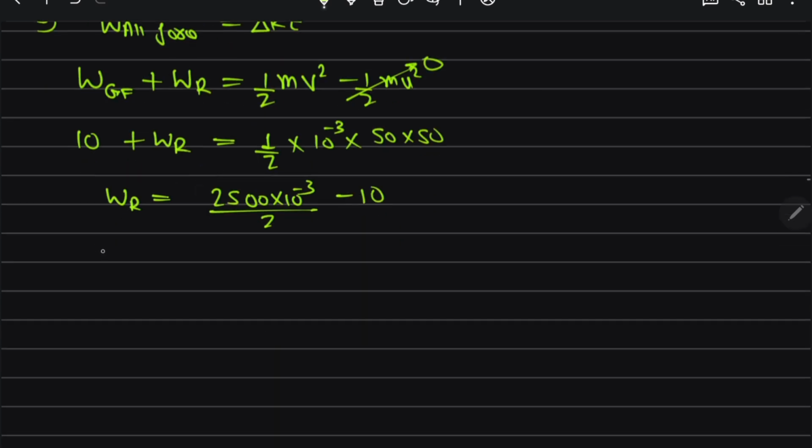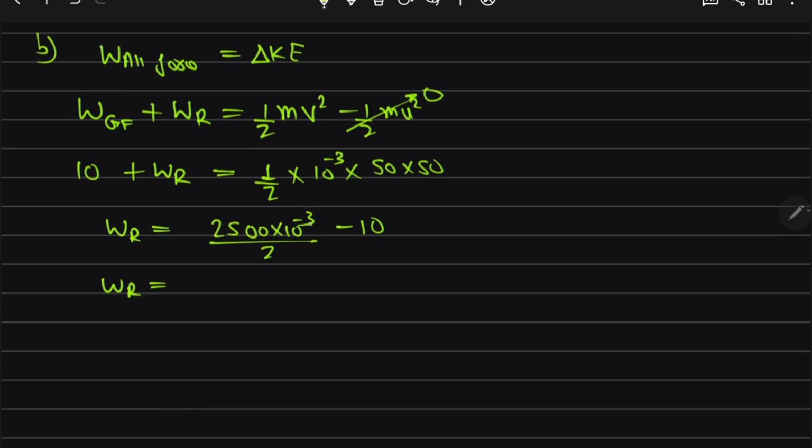So the work done by resistive force, if I calculate, 10 to the power minus 3 and 2.5 divided by 2, minus 10.